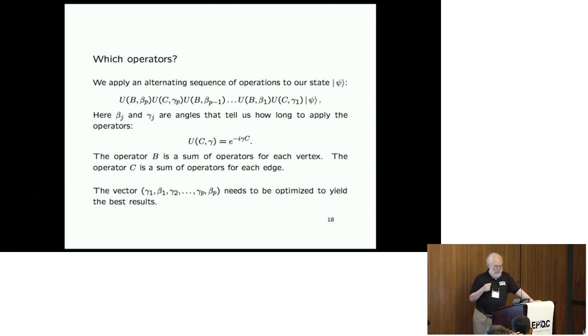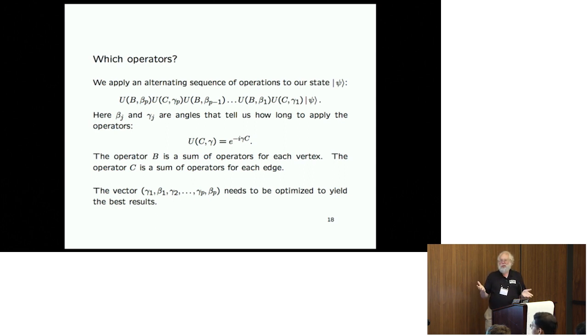So basically we rotate the state around C and then around B, alternately. And we're going to use some sequence of angles, and try to optimize this sequence of angles to yield the best results.